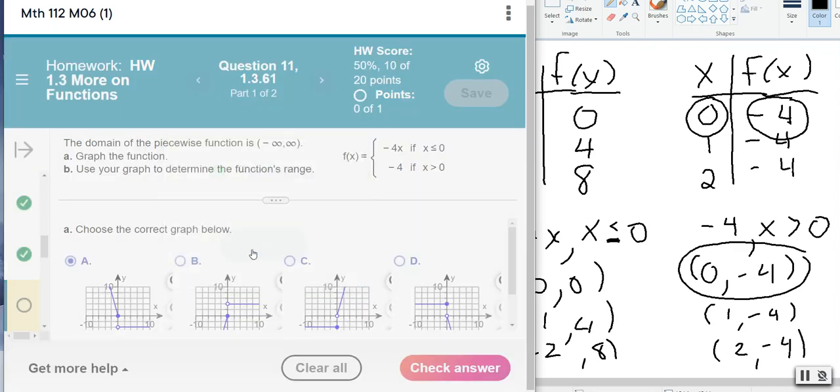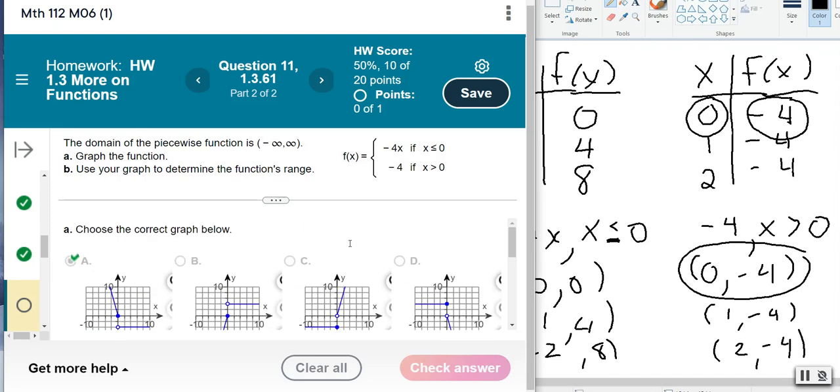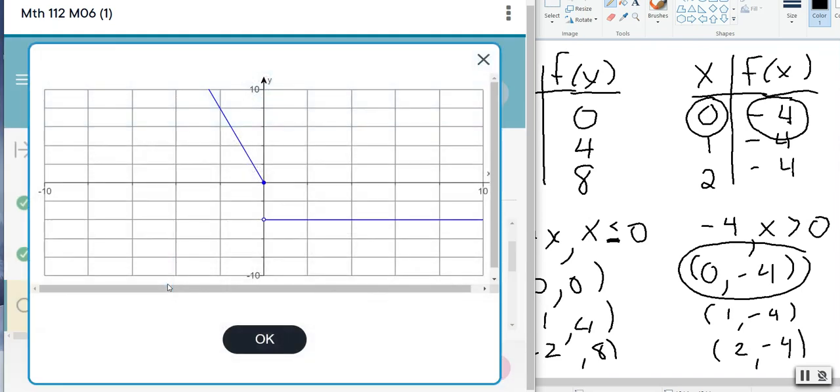All right. And now I have to do the range. Now let's go back and look at this graph. So the range is the set of all y values that are included on this graph. Now, you can see here the y value of negative 4 is included. And you can see here that all these y's, I'm looking at the y's now, from 0 to positive infinity, you read y from bottom to top.